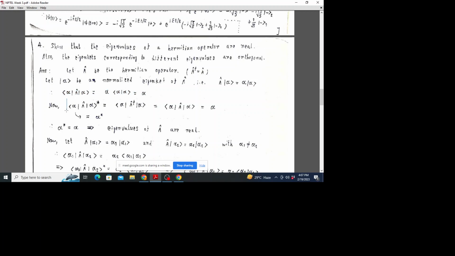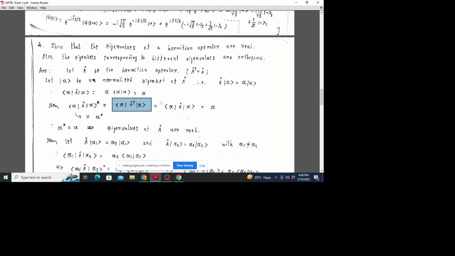That much is fine. But now let us take the complex conjugation of that expression. This also gives the expectation value of A dagger in the state alpha, which is the definition of the Hermitian adjoint.